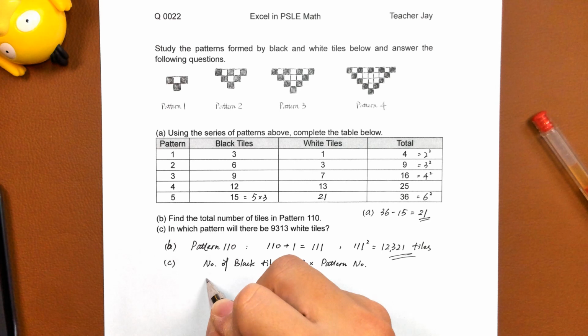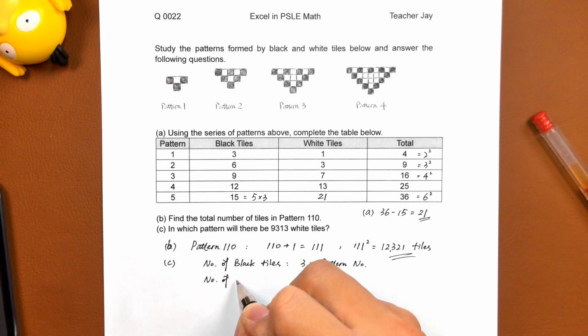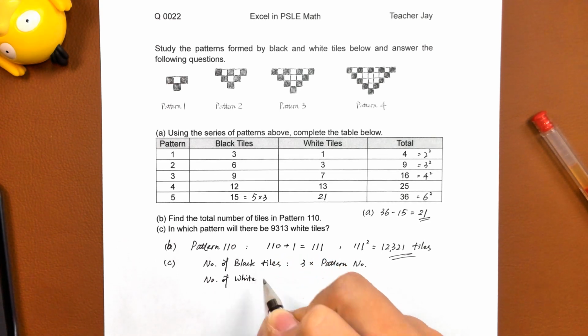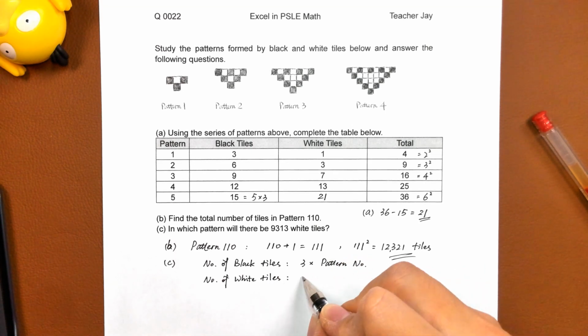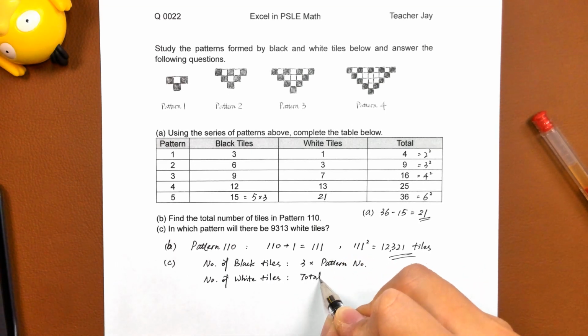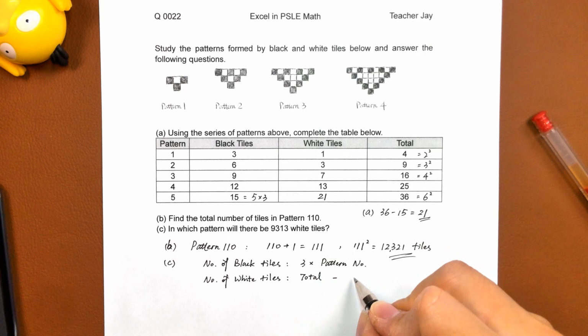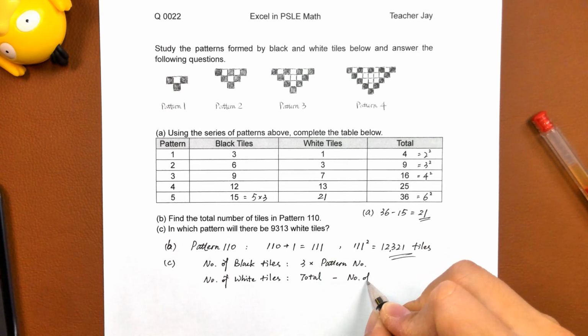And number of white tiles equals total minus number of black.